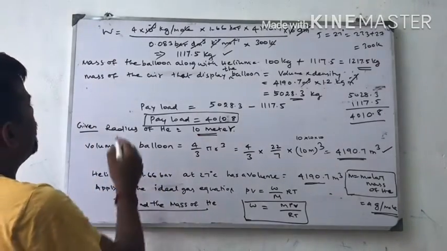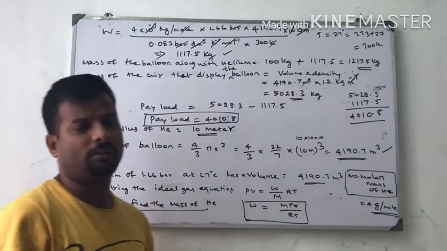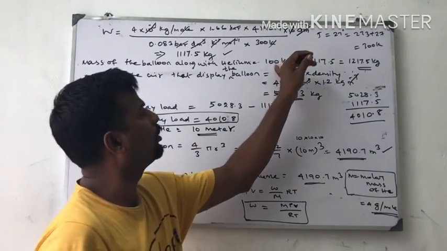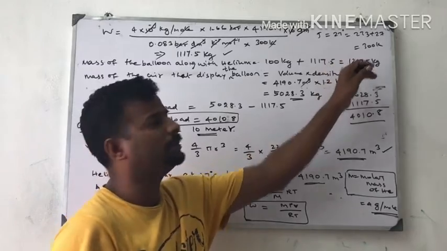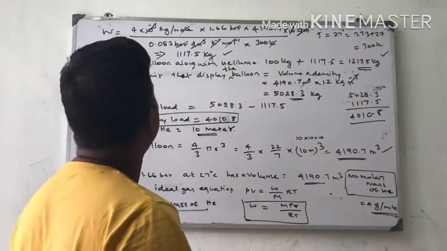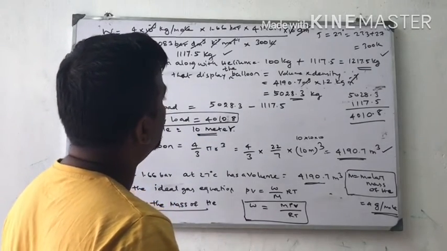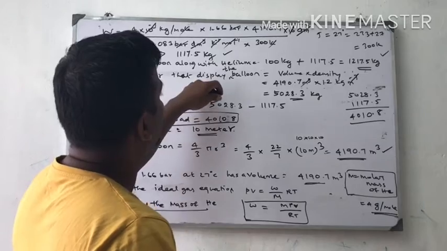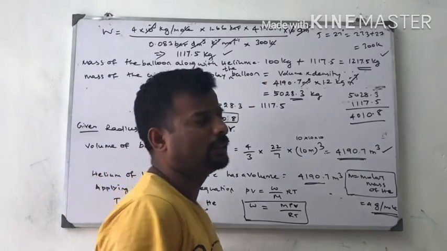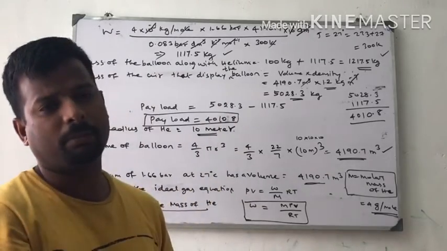Simplifying, you get the answer of 1117.5 kilograms. Mass of the balloon along with helium is equal to balloon mass already given 100 kilogram plus mass of the helium. This is the total mass, right? Then mass of the air that got blown: mass of the air blown means volume into density. Density of air is 1.2 kilogram per meter cube.